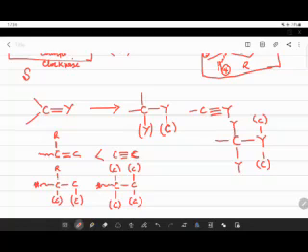It's always important to bear in mind that a C-C double bond would have a lower priority than a C-C triple bond.